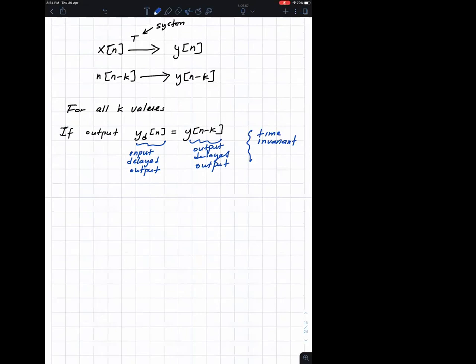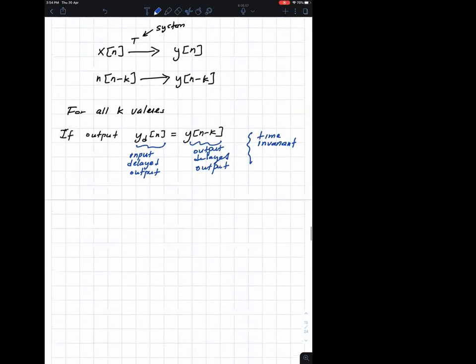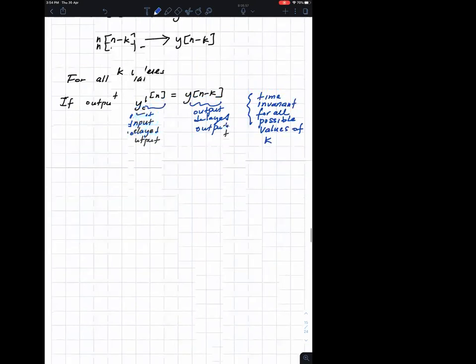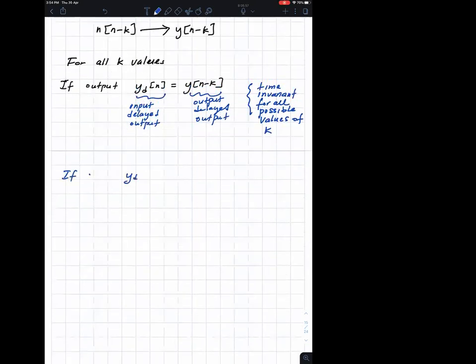Invariant for all possible values of k. Let's say if yd n is not equal to yn minus k, that means input delayed output is not equal to output delayed output.